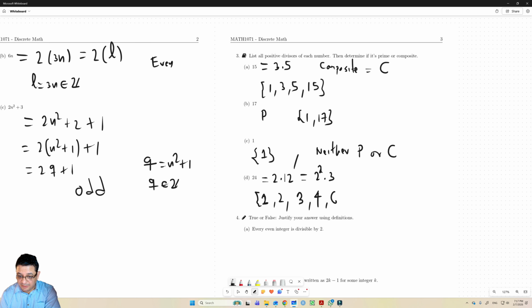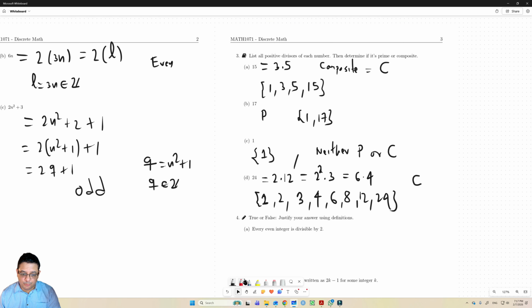And so we can have 6, but we can also have 8, right? We can also have 12, and of course 24. So all these are divisors of 24. There are multiple ways that you can represent this. You can also represent this as 6 times 4. So there are plenty of ways that you can see that this is a composite number.